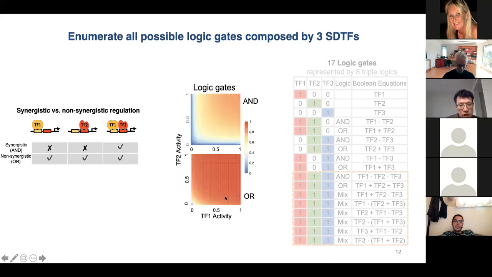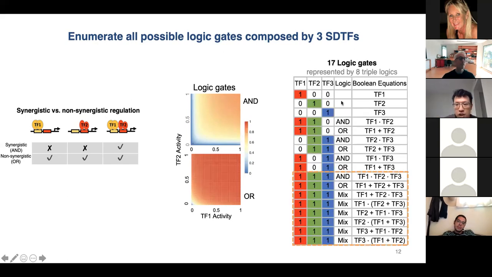And here is the logic gate derived from the thermodynamic model to describe the potential logic gates. Here we have focused on three transcription factors and enumerated all possible AND and OR gates between each two transcription factors.